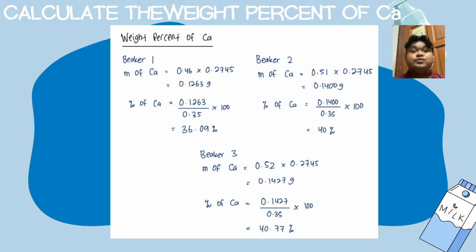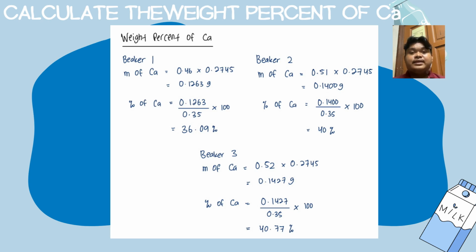In beaker 2, the mass of calcium is equal to 0.51 times 0.2745, which equals 0.1400 grams. The percentage of calcium inside beaker 2 is calculated with 0.1400 divided by 0.35 times 100, which in turn we will get 40% in beaker 2.